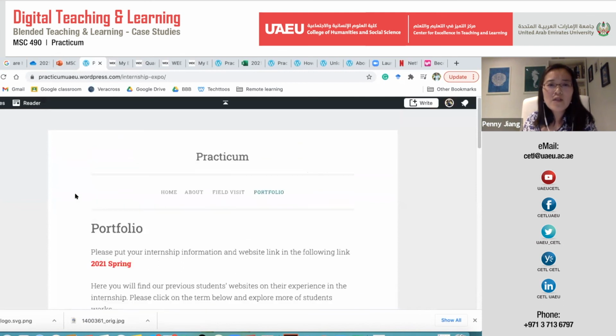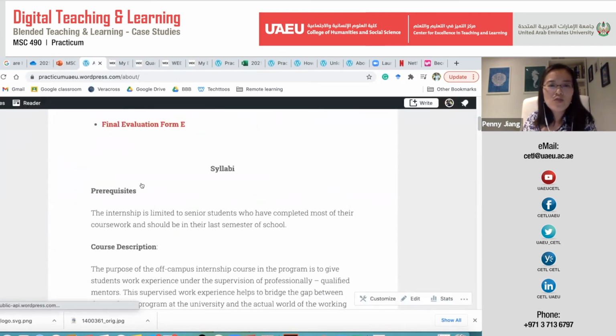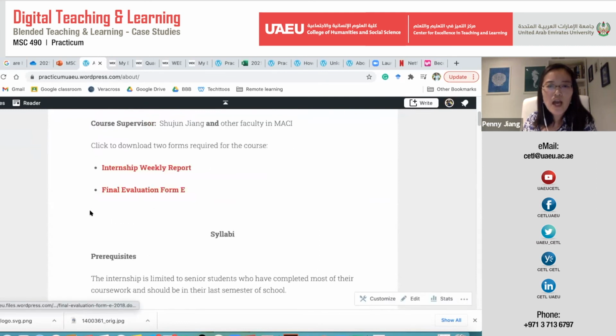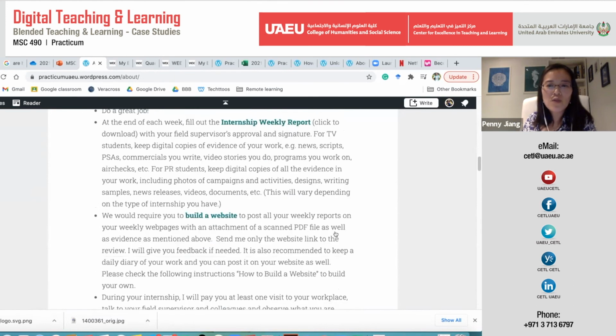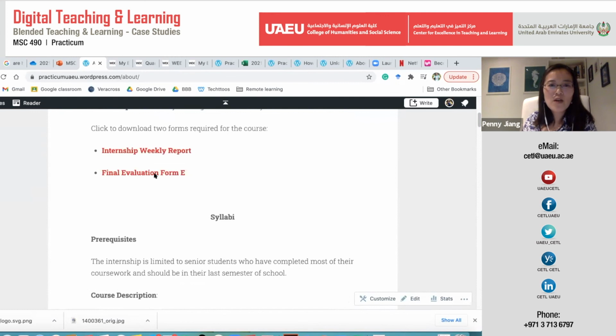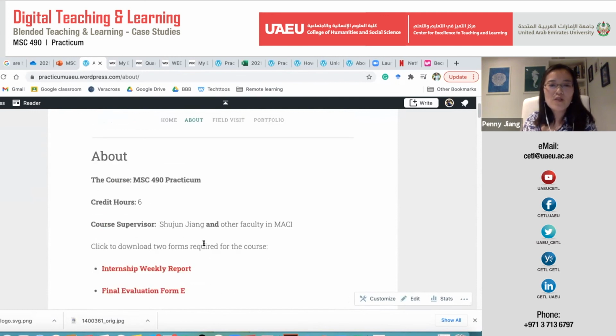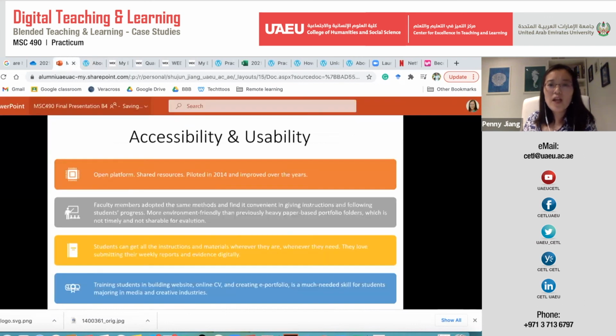For example, earlier they found it very difficult to find the forms. I used to put these two important forms inside the course syllabus. They found it difficult to find those forms and would always ask me for them. Then I put them at the beginning of the course syllabus, so it's easier for them. So there are improvements according to the students' feedback over time.